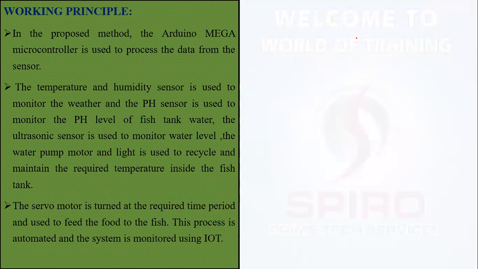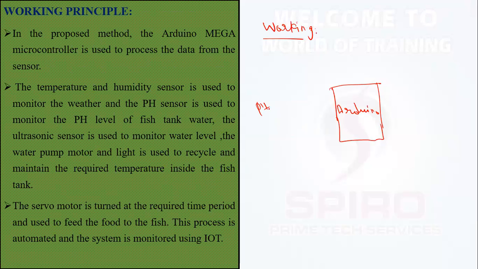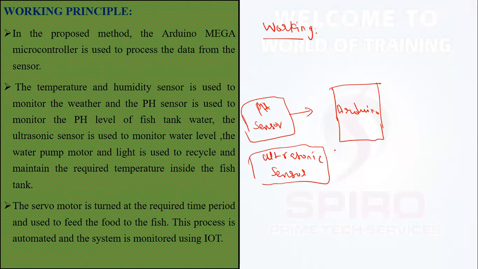So, the working model. Sensors are connected to the controller, the Arduino controller. The pH sensor is connected to the controller to monitor water purity. The ultrasonic sensor checks the water level in the fish tank.